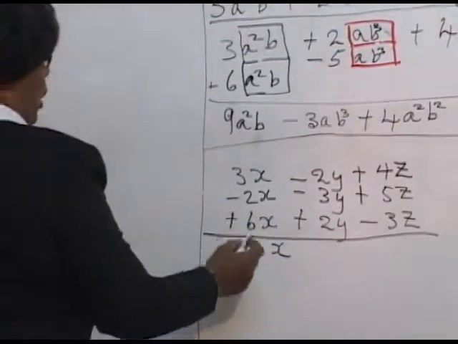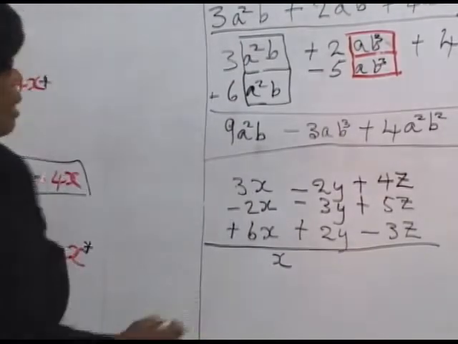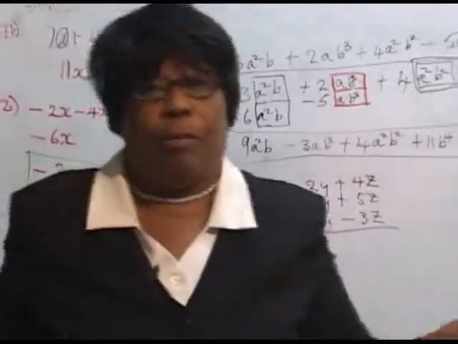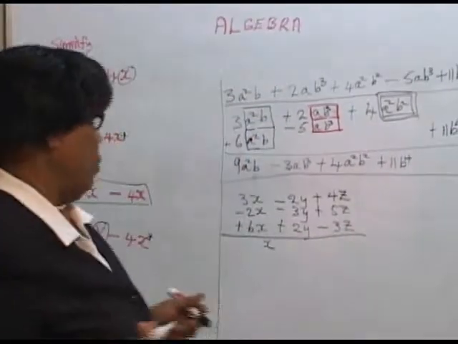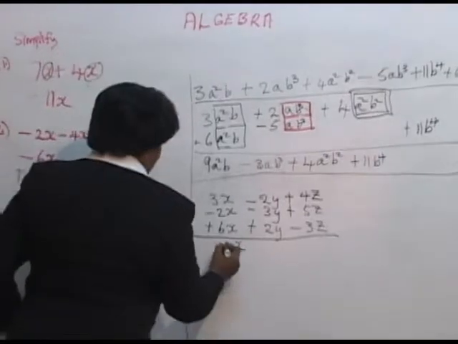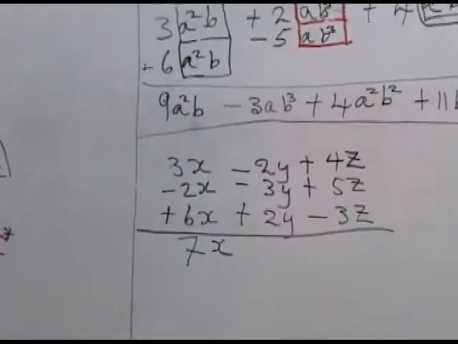And then 6 and 3 would have given me 9, because we remember our rule for BODMAS, addition must be done before subtraction. And then we can say 9 minus 2 would leave us with 7. So that we get 7x, okay?